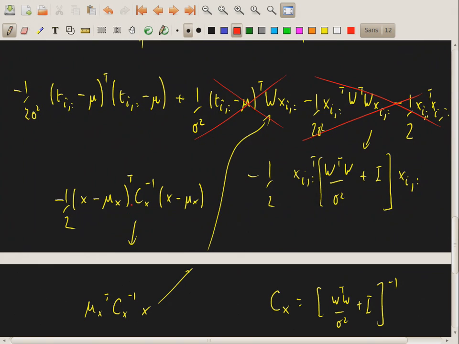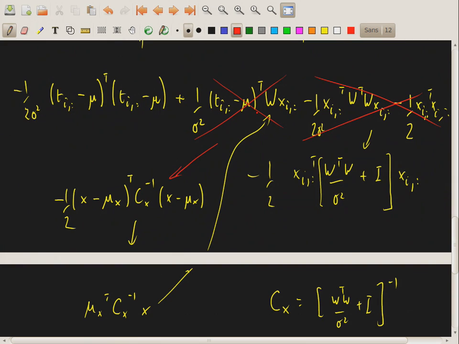If we multiply, we matched it up to this form here. But this form here also has what in it? So this x, Cx minus 1 x, matches to these guys. Mu Cx minus 1 x twice matches to those guys. What are we left with?